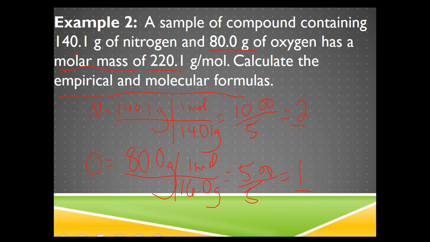It's very easy. So my empirical formula, okay, if N is 2, so we have N2, and oxygen has a 1. So N2O, and that's my empirical formula. So I just solved the first part. Okay, so we have an empirical formula of N2O, and to figure out the molecular formula, I need to know the empirical formula mass.